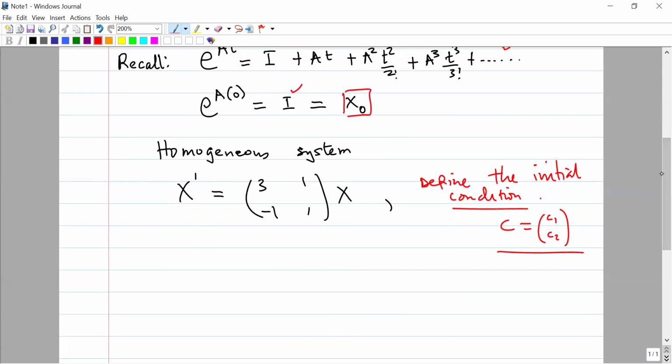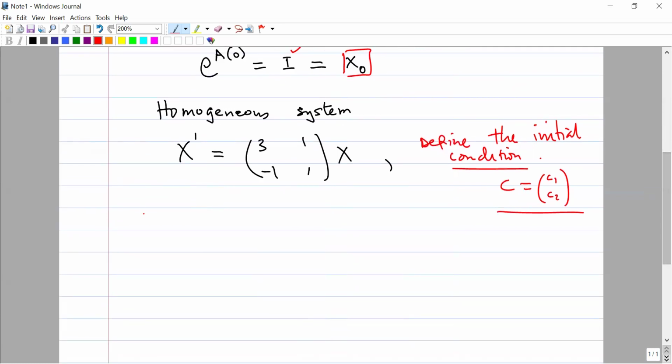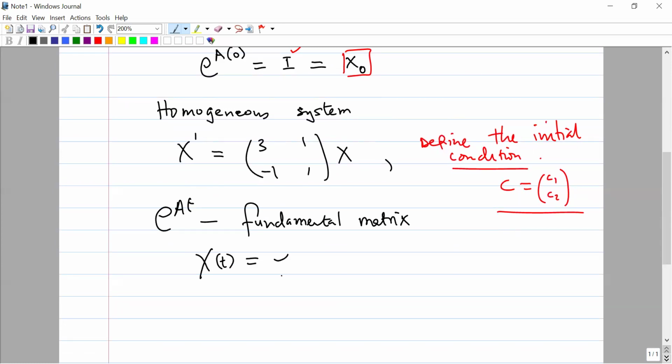Now, we also saw that e to the power At is a fundamental matrix. And we know that if e to the power At is a fundamental matrix, then e to the power At is a solution of the homogeneous system.